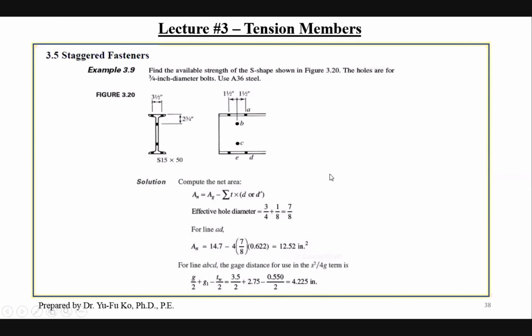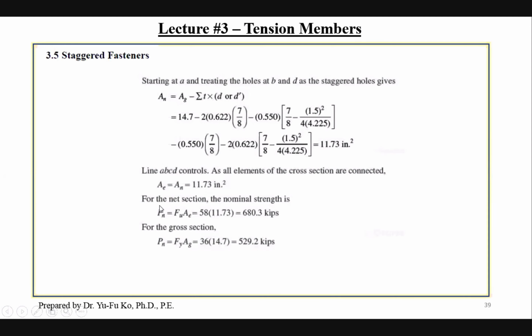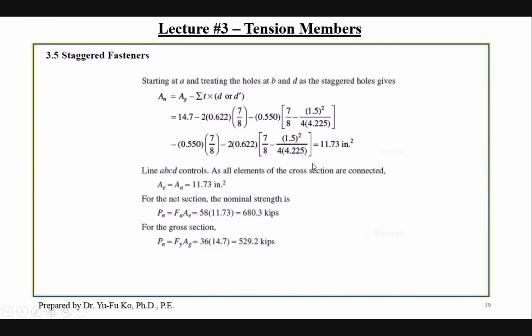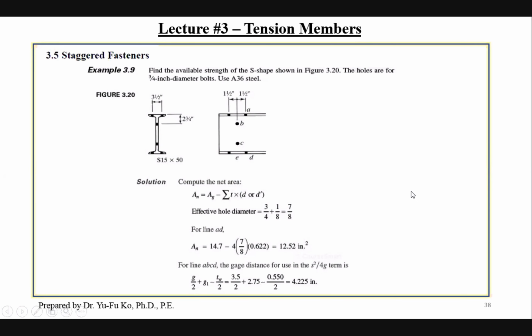Okay. Now, to find out the available strength, based on LRFD and ASD, we need to figure out the strength based on yielding and the strength based on fracture. And then we pick the minimum as the governing strength. To calculate fracture, we need to calculate the net area first.